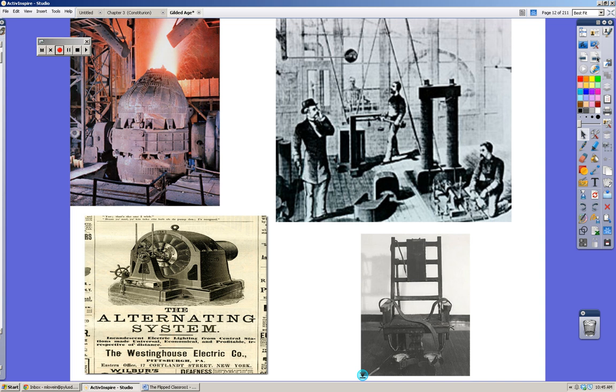Okay, the alternating system of electricity on the bottom is just kind of like the generator, how it looks. I have a picture of the electric chair next to it because the electric chair was invented by Thomas Edison to show the danger of alternating current. These are called the current wars because Edison had direct current, and Westinghouse had invented the alternating current, and he wanted to show the danger of alternating current to try to get a contract with the city of New York to use his type of electricity because he could make a lot of money off of this.